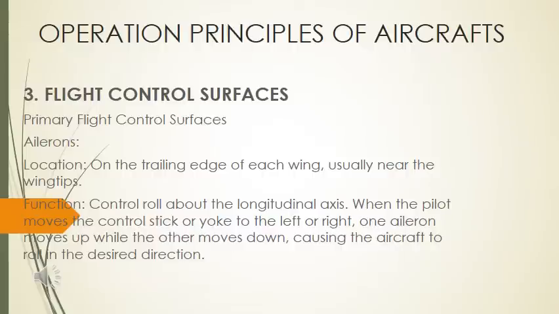When the pilot moves the control stick or yoke to the left or right, one aileron moves up while the other moves down, causing the aircraft to roll in the desired direction. So this is used to control the roll of an aircraft, and the roll is about the longitudinal axis. When one goes up, the other one goes down, thus controlling the roll of the aircraft.